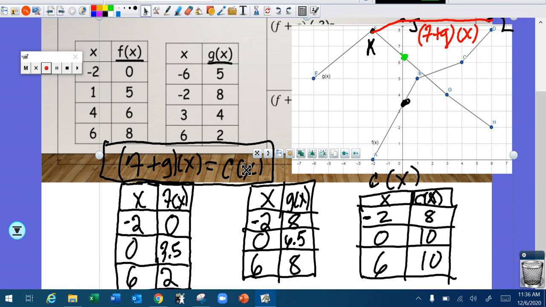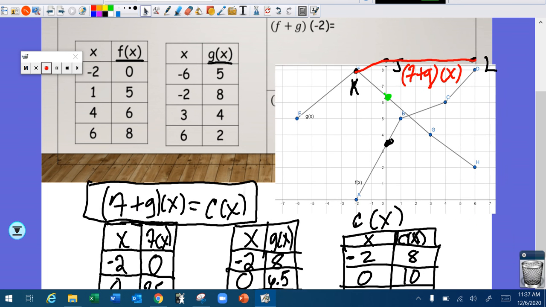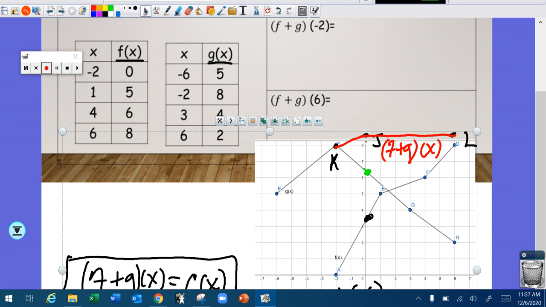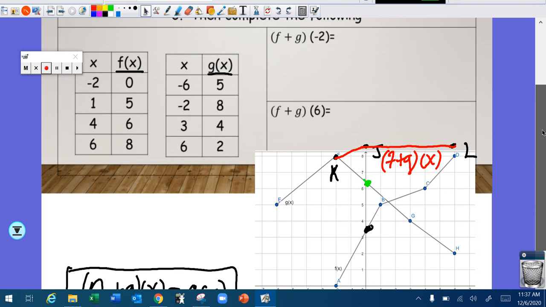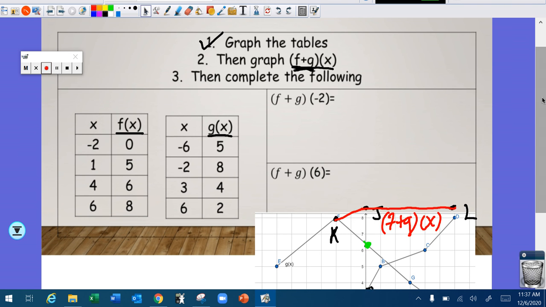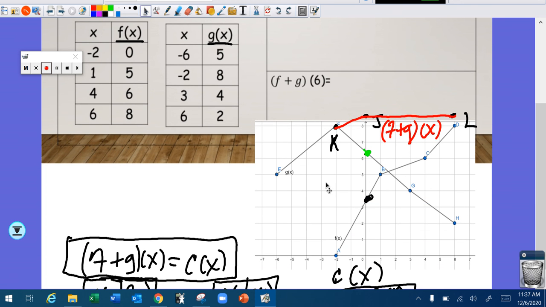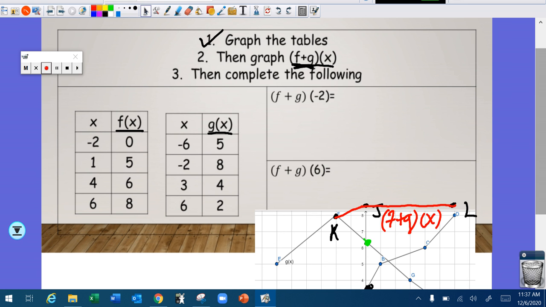And can I move this together? Yeah, I'm just going to slide all this down so that we can answer the questions now. Now it says find F plus G of -2. So if I go here, F plus G of -2 is going to be equal, let me help you write that down.